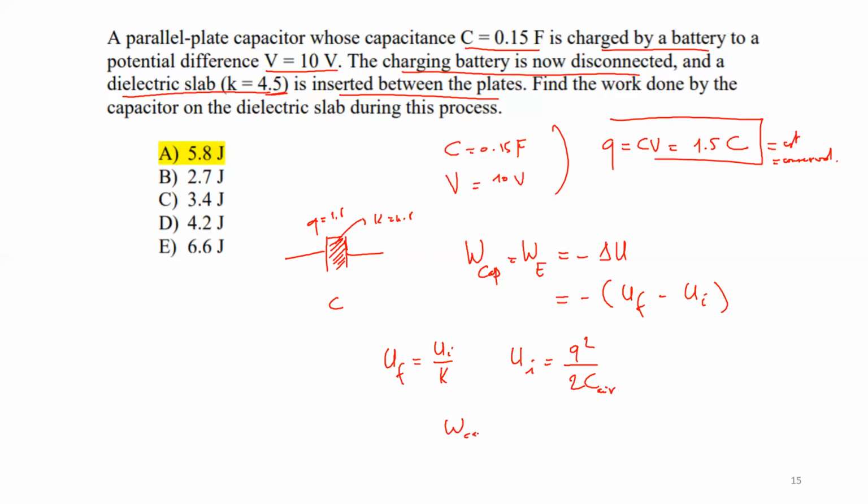I have W by the capacitor, which is work done by the electric field, is basically U initial minus U final. So U initial is just Q squared divided by 2CA. So here I will have U initial times 1 minus 1 divided by kappa.